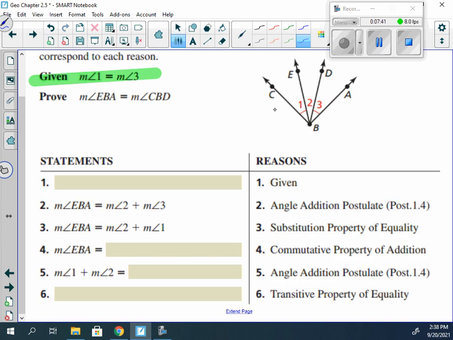No. So in statement 1, we can say that the measure of angle 1 is equal to the measure of angle 3. We start with the given and we end with what? What we want to prove, yes? So on the last step, do they have that? No. So the last piece is going to be that the measure of angle EBA is going to equal the measure of angle CBD.